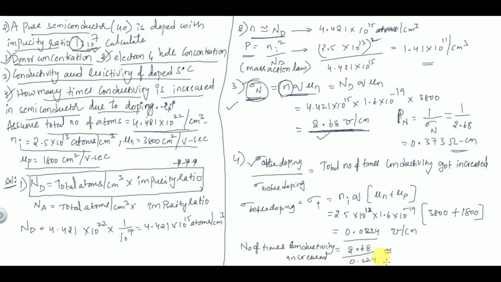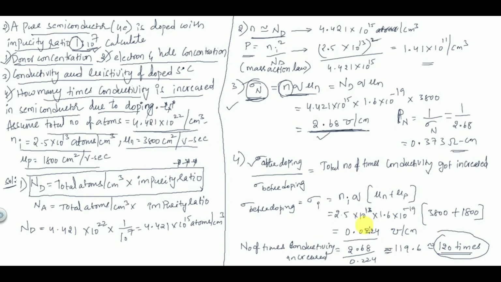So if you calculate, it is 119.6. If you approximate, it will be around 120 times. So conductivity is increased by 120 times before and after doping.